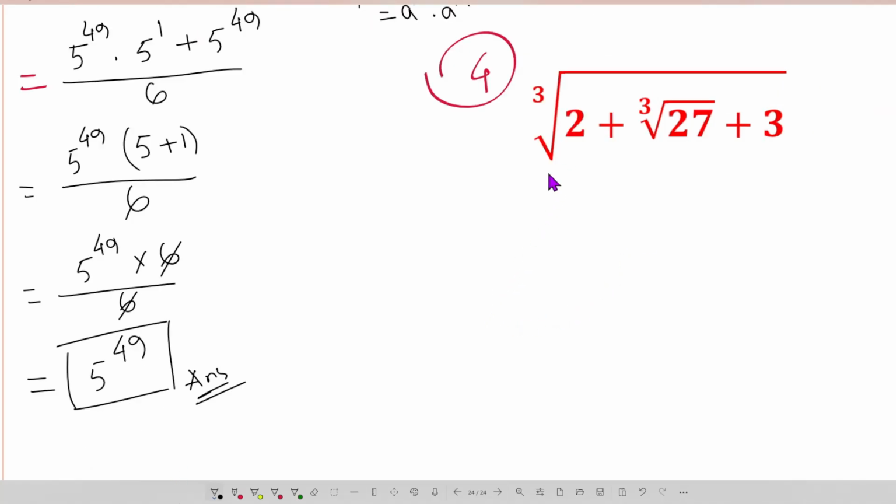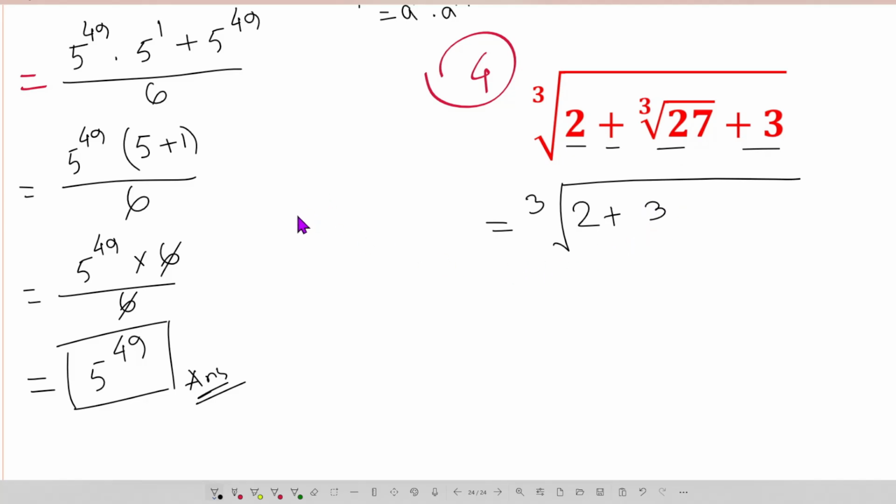Number 4. Cubic root of 2 plus again cubic root of 27 plus 3. So this is very important and also for learning it's needed to know. Now look, first cubic root we can keep as it is, then 2 plus cubic root of 27 we can write 3. How?